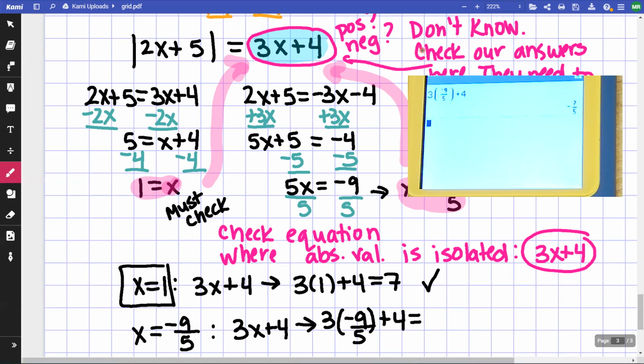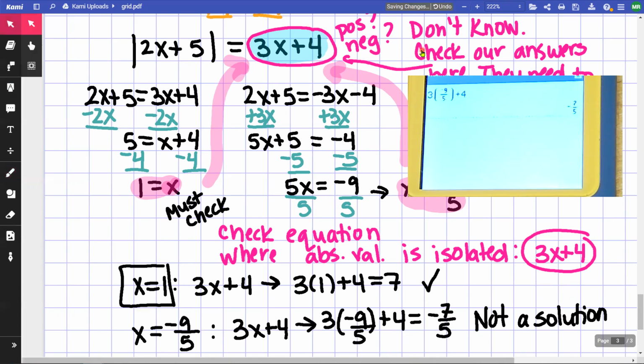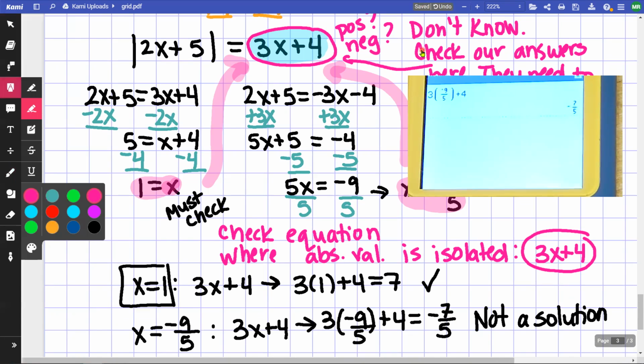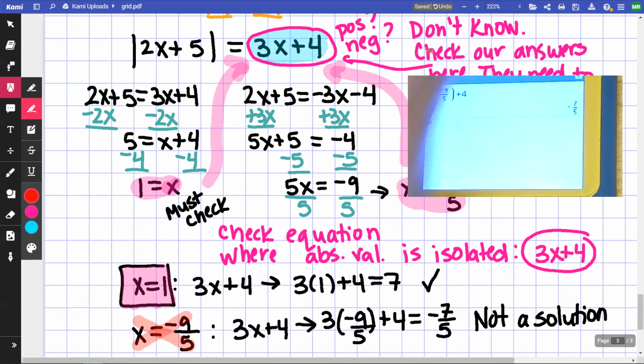And I end up with a negative 7/5. All I care about is that it's negative. So not a solution. So the only one that's going to be our answer is this one here. This one here is not going to be an answer. And that's the end of these notes.